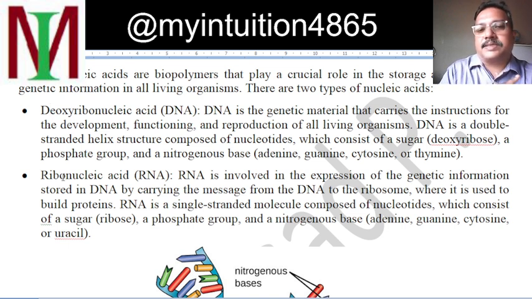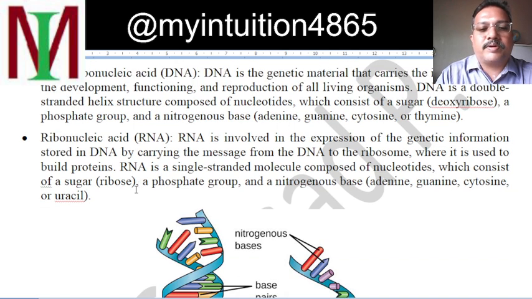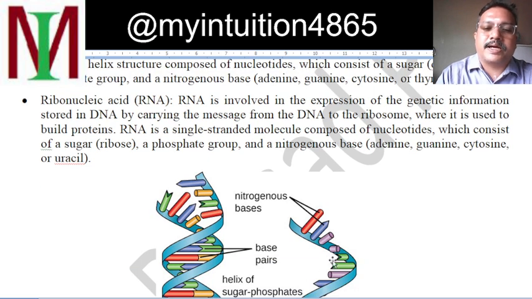DNA is a double stranded helix structure. The difference is that RNA is single stranded, and in place of the nitrogenous base thymine, the RNA molecule has uracil. So that is the difference.